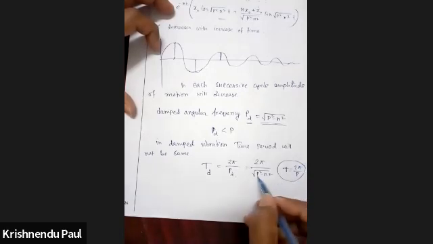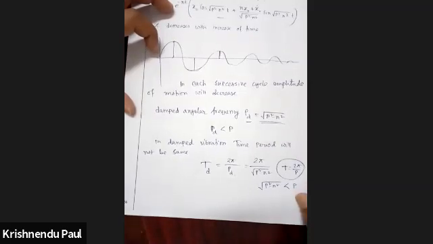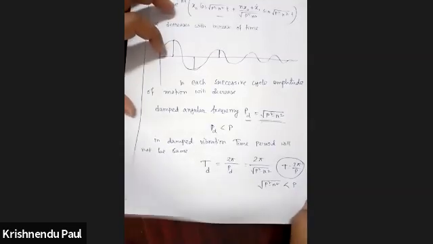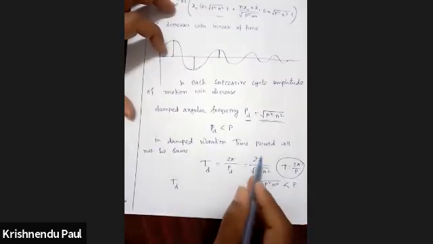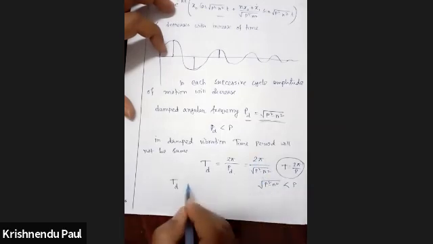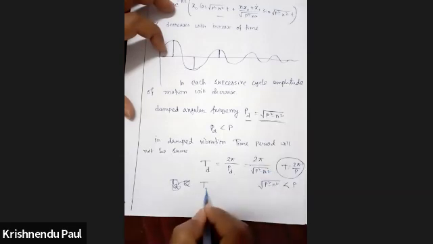Now here there is a term in the denominator, root under p square minus n square, which is obviously less than p. Is it okay? Are you hearing? Yes, sir. So because the denominator is less, the value will be more.